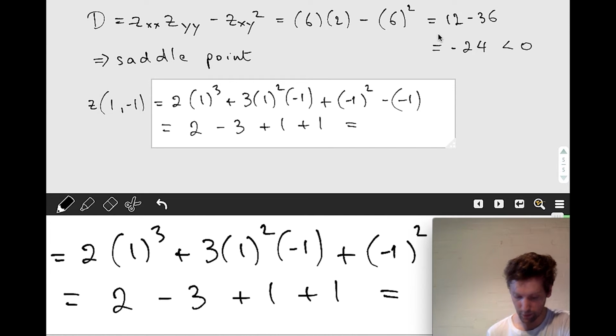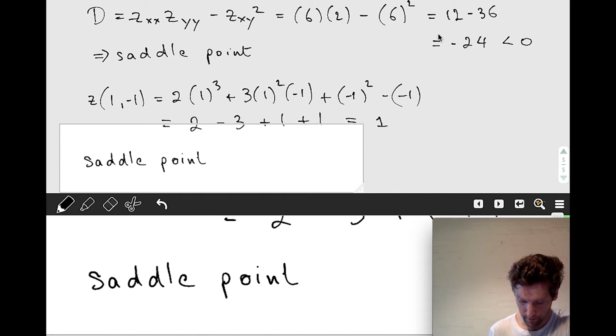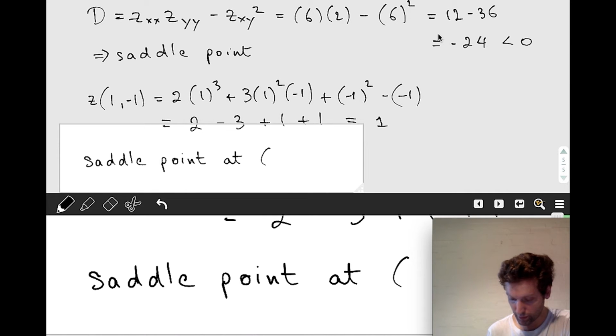So that's 4 minus 3, which is 1. So we have a saddle point at x is equal to 1, y is equal to minus 1, and z is equal to 1.